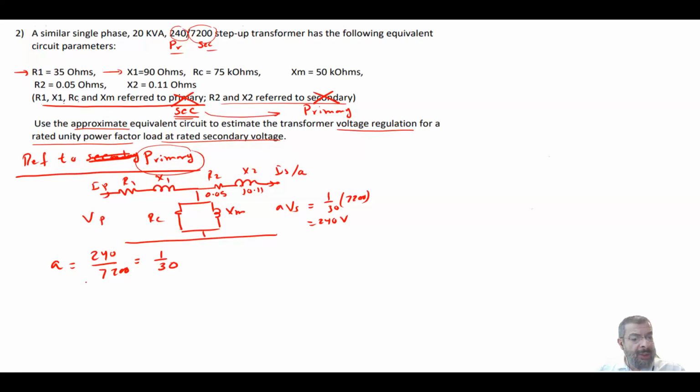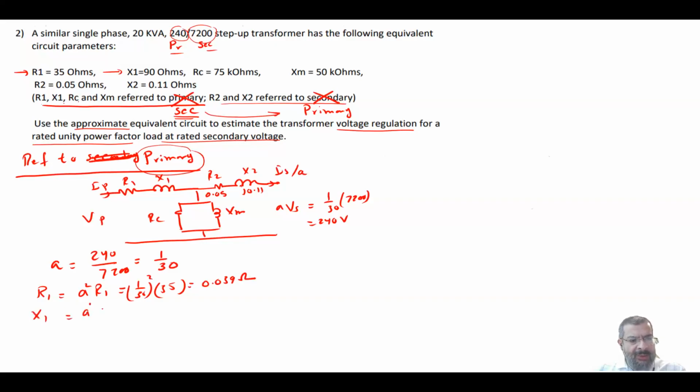So R1 becomes a squared R1, which is (1/30) squared times 35, and this gives me 0.039 ohms.